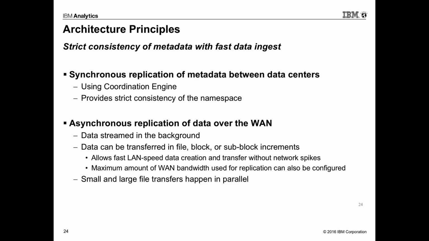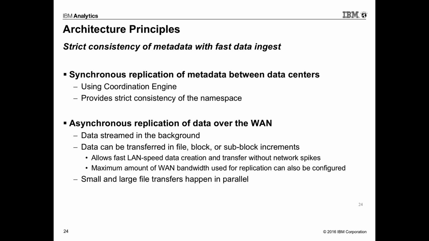Before I talk about that, I want to show you the architectural principles behind Fusion or IBM Big Replicate. The architecture principle really is that we want to ensure strict consistency of metadata with fast data ingest.